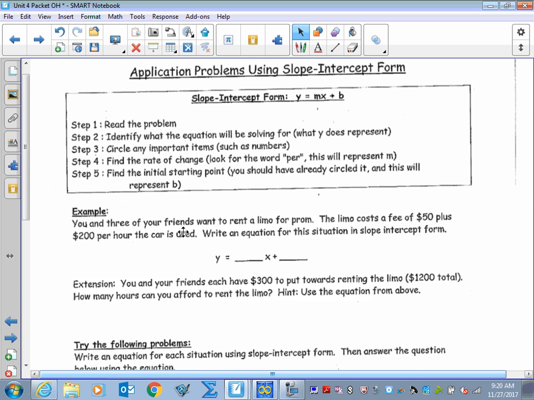So it says you and 3 friends want to rent a limo for prom. The limo costs a fee of $50 plus $200 per hour. So here is your rate of change number right here. What I would do is circle 50 and the $200 per hour. Since this has the word per by it, that's my rate of change. So that number would go beside x.